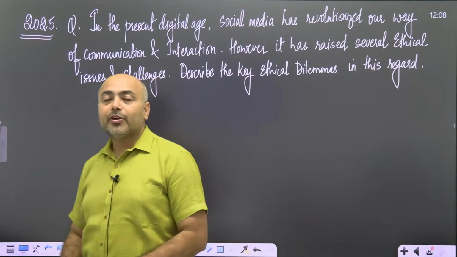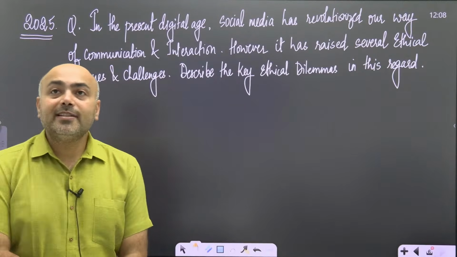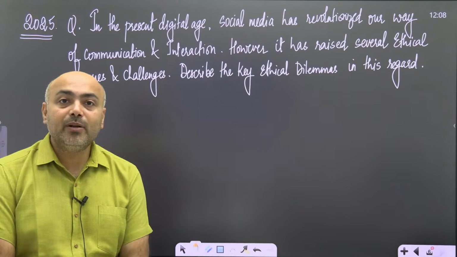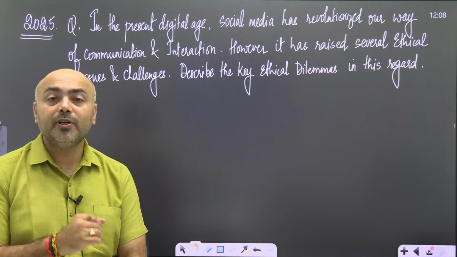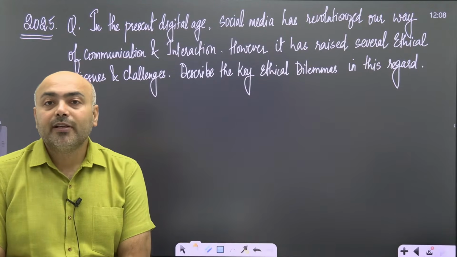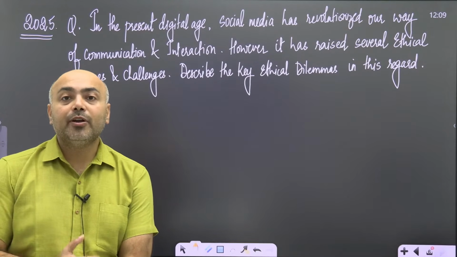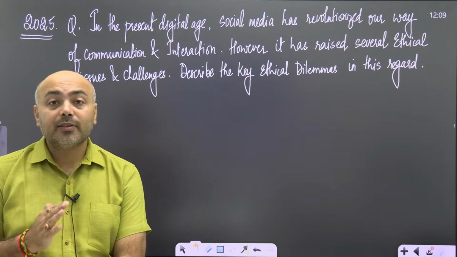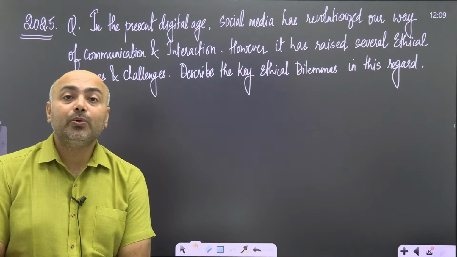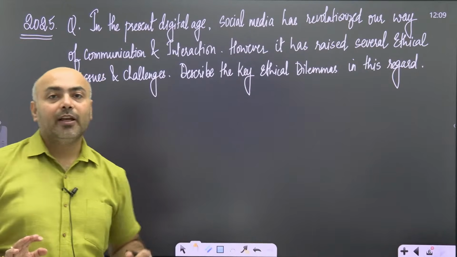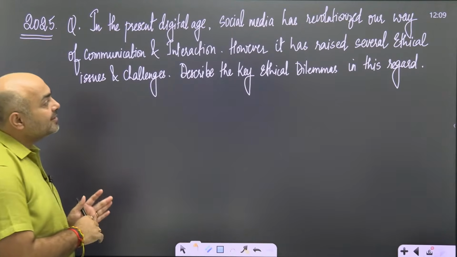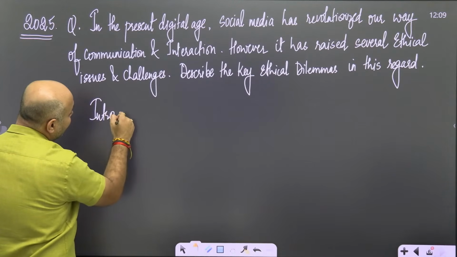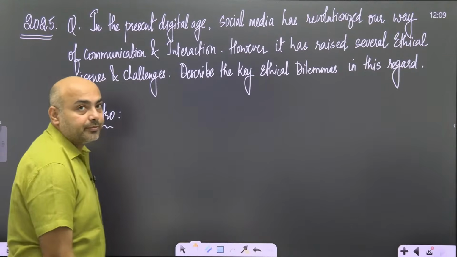Okay. So this is again a question that deals with applied ethics, because the question specifically demands your understanding and primarily you pointing out what the ethical challenges and ethical dilemmas related to social media are. Again, if we follow the same structure that we have talked about, how do I introduce this question?